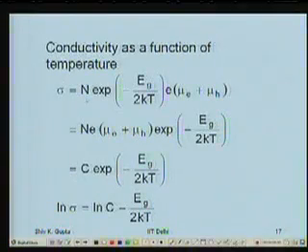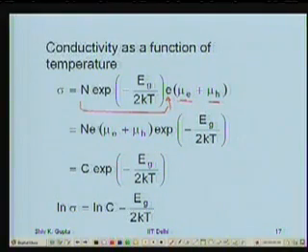That's what we are going to look at now. Conductivity is a function of temperature. It can be written as the number of charge carriers, n times exponential minus Eg upon 2kT, times the charge and the mobility of the electrons in the conduction band plus the mobility of holes in the valence band.